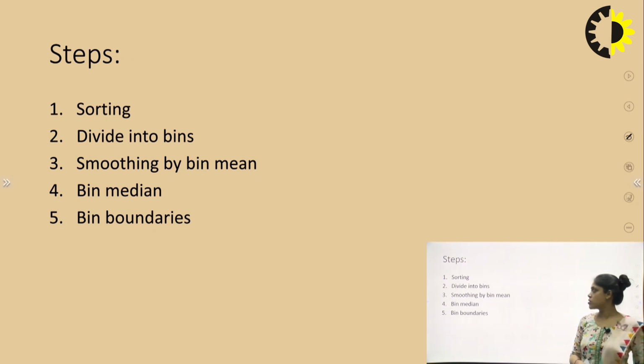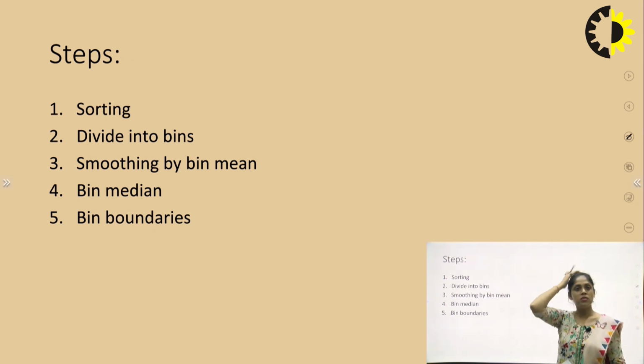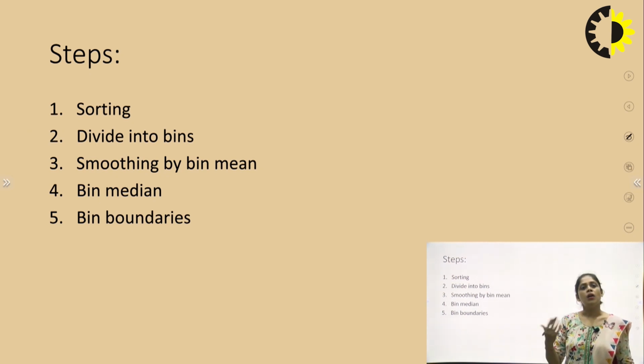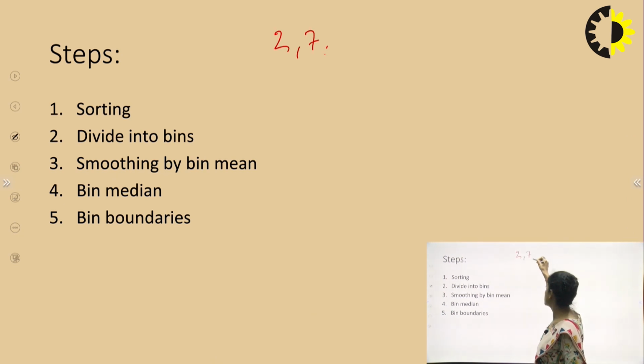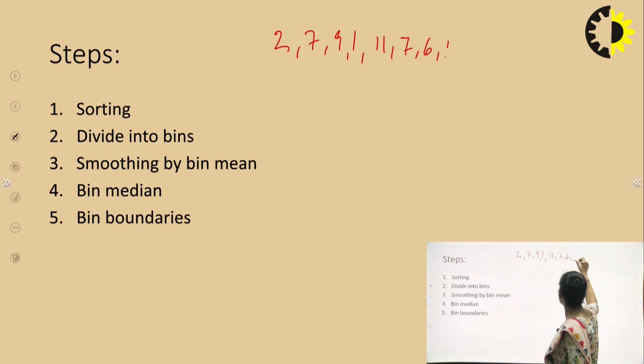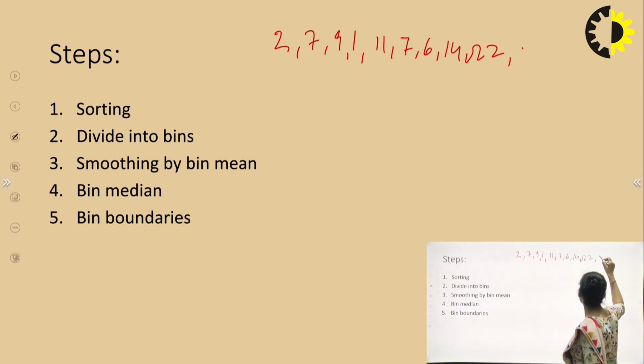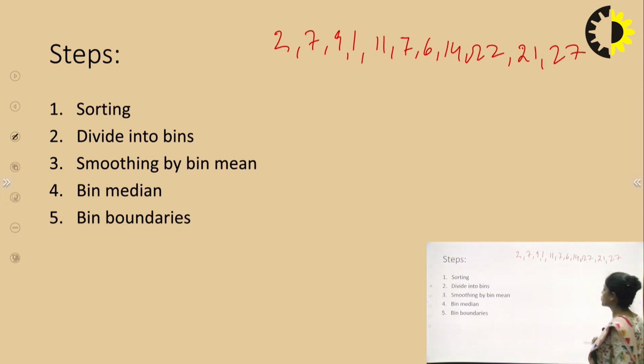Step number 1 is sorting. Sorting means we are going to sort the given information or data in ascending order most of the times. For example, if we are having a series, something like this. This is just an example.